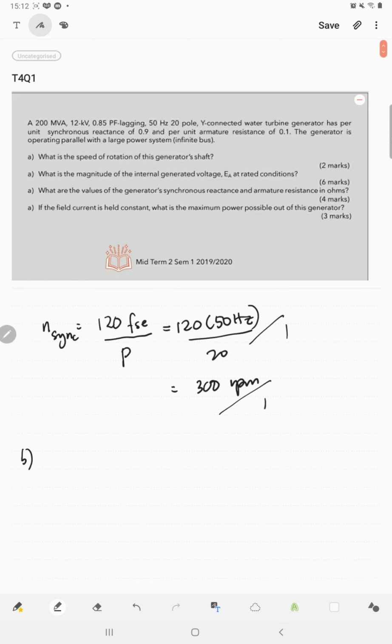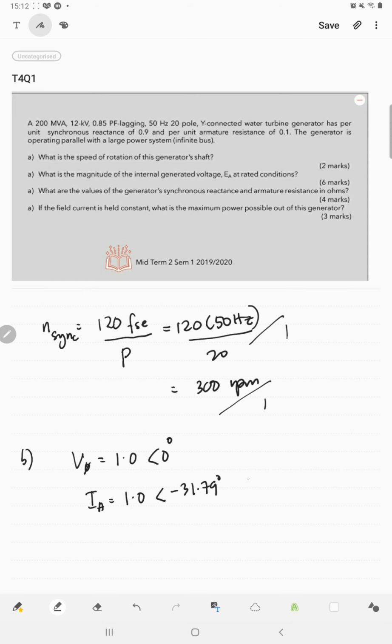The second one is, what is the magnitude of the internal generated voltage EA? Because this is a generator, of course you want to know the generated voltage at rated conditions. At rated conditions, the per unit phase voltage is 1 at 0 degrees, and the per unit phase current at rated conditions, IA, is 1 at minus 31.79 degrees.